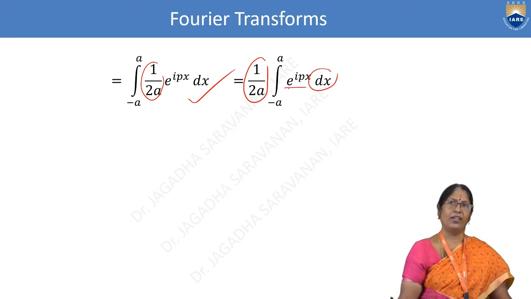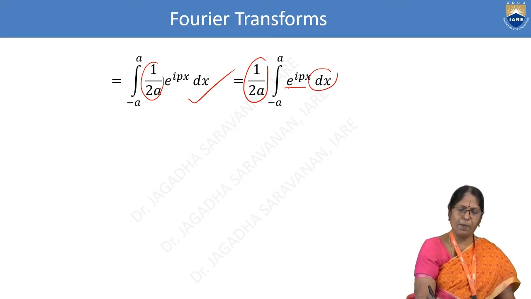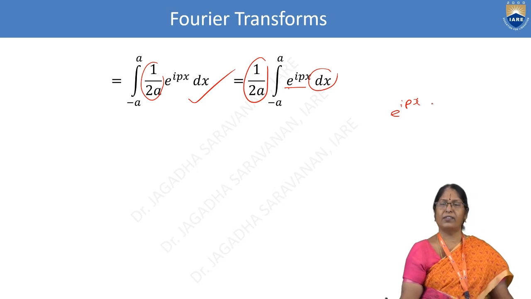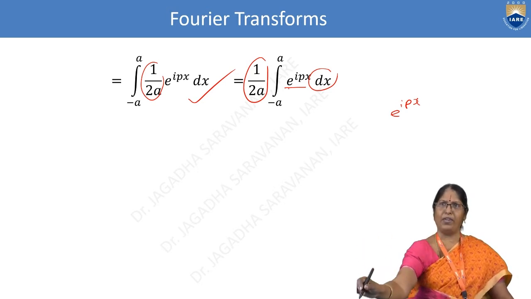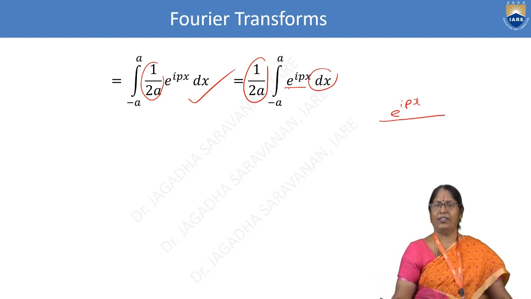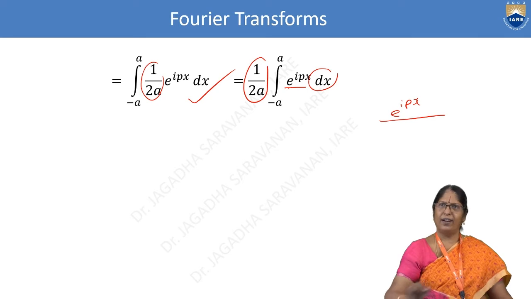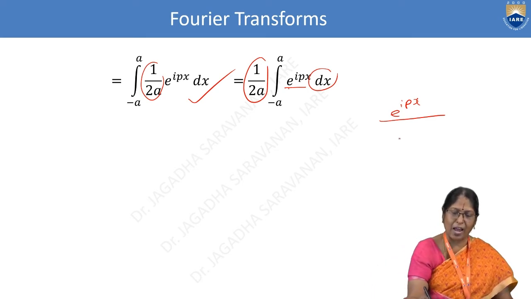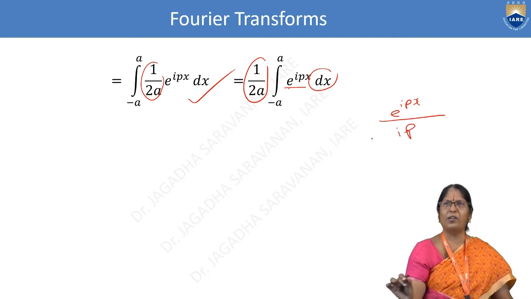Now we will do the integration of e power ipx. The integration of e power ipx is e power ipx divided by the coefficient of x. Leave x, the remaining coefficient is ip, so divide by ip.